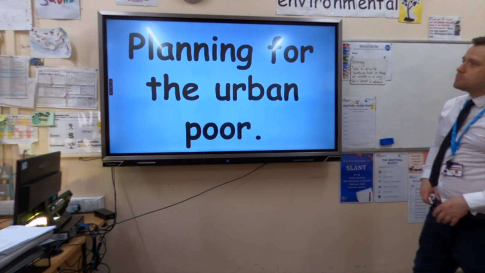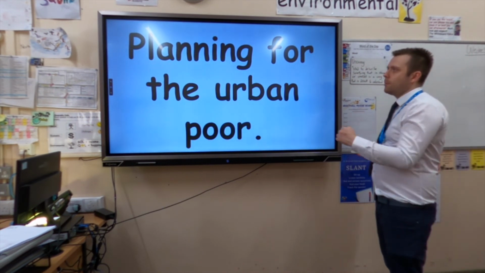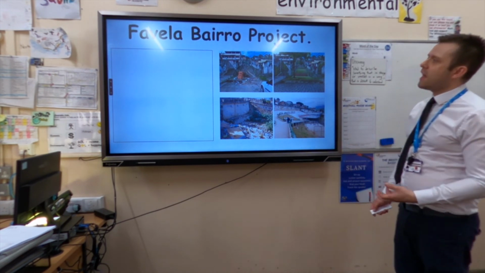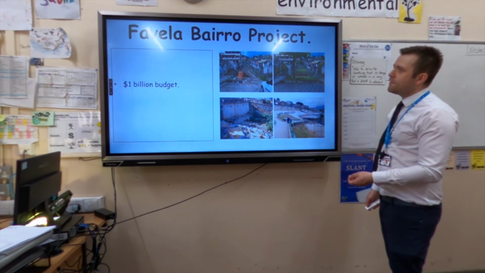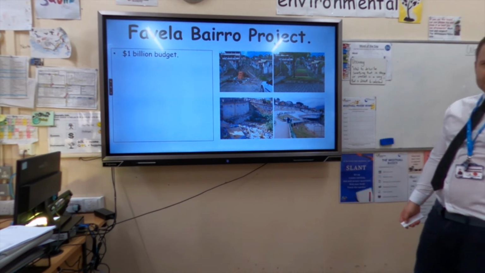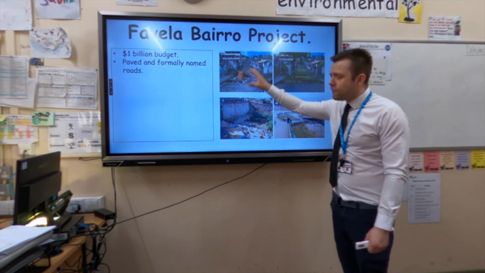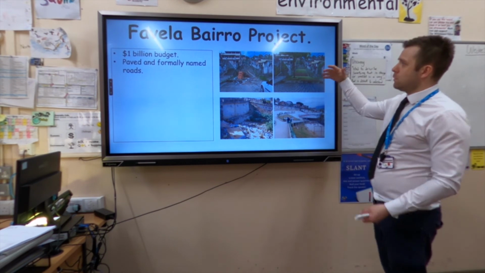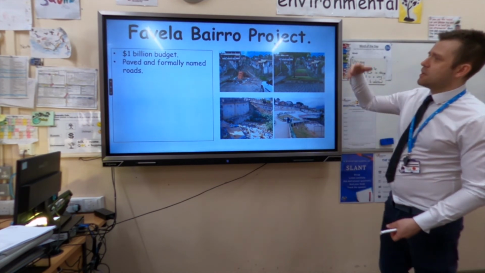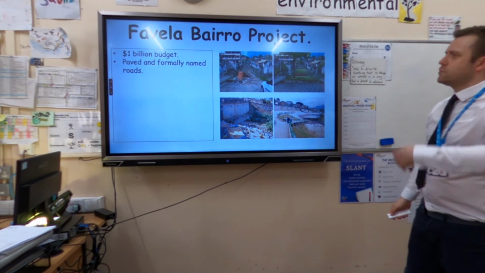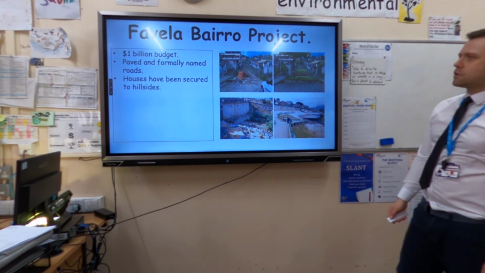But there has been some planning to try and help the urban poor, and the project we will study is the Favela Barrio project. Now, the Favela Barrio project had a $1 billion budget, and some of the things it was doing was paving and formally naming people's streets and homes, so they could actually have a postal address, so when they were applying for jobs and things, they had somewhere for the mail to come.